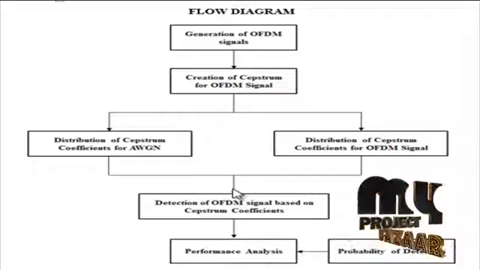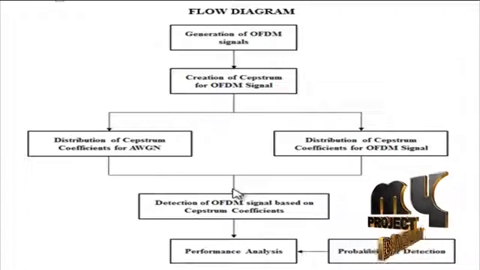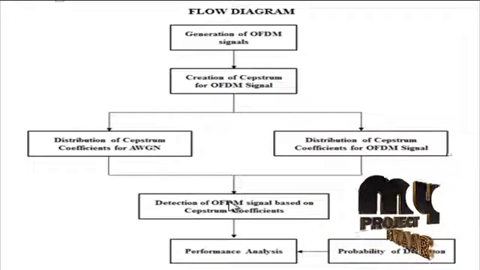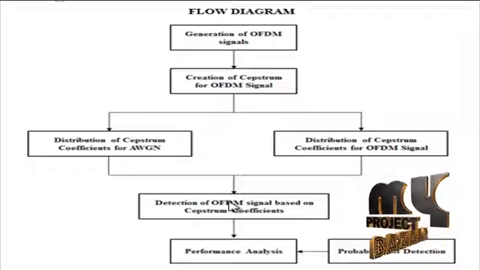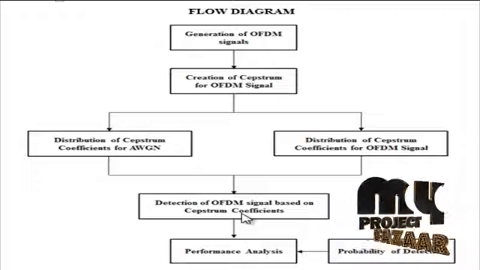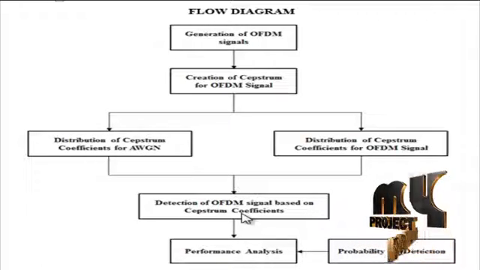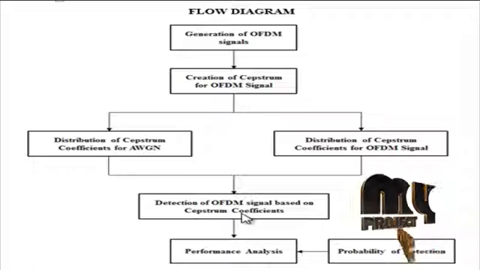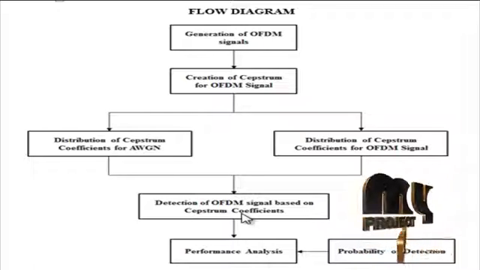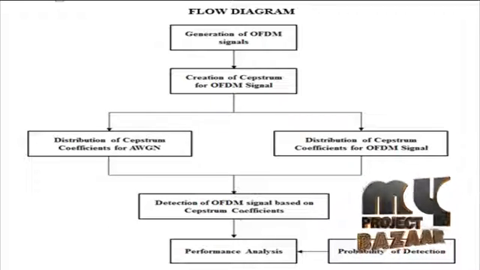In this section, we treat S of n and W of n as uncorrelated, and we derive the detection of the OFDM signal based on the estimated Cepstral coefficients. With these, we can easily obtain the detection of the OFDM signal.